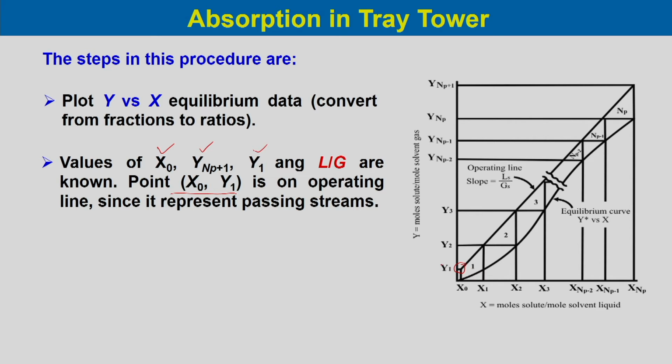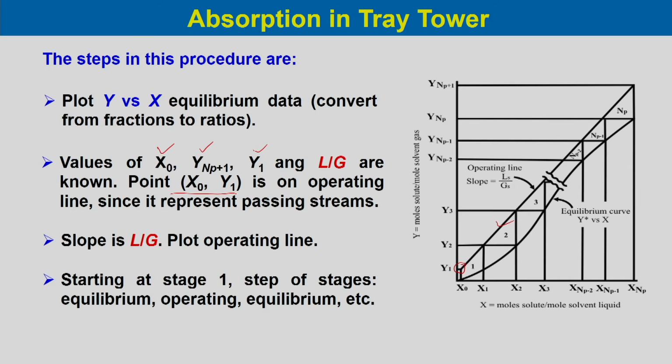So this is known to us, and the slope L by G we know. With that we can plot the operating line. We have plotted the equilibrium line here and we can plot the operating line with this data. Then we can calculate the number of stages.